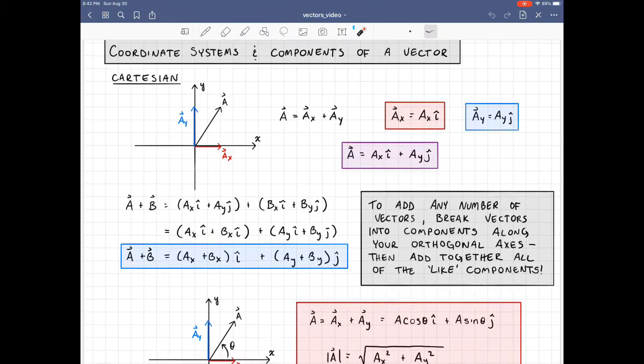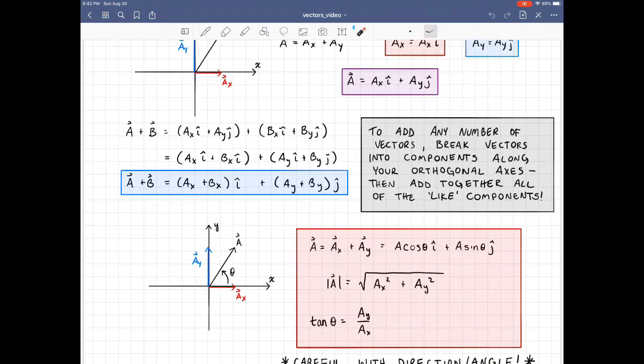And so when you think about component form, I've got two vectors, A plus B, and I want to add them together. Well, vector A is A x i hat plus A y j hat, right? So there's vector A, and vector B in general looks exactly the same, just with B's.